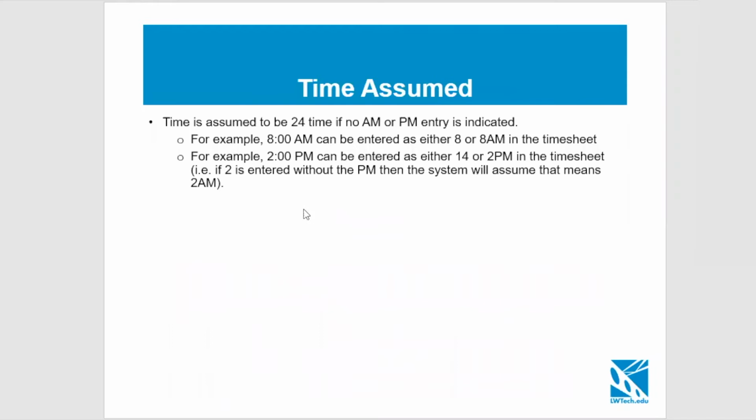Time is assumed to be 24 hours if no AM or PM is indicated. So for example, 8 AM can be entered as either 8 or 8 AM in the timesheet. Also, 2 PM can be entered as either 14 or 2 PM. So military time or standard time. You want to make sure though, when you are entering, you stick with one way of reporting.